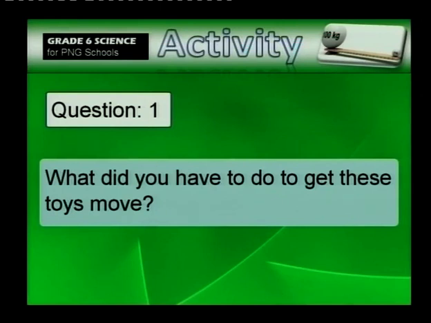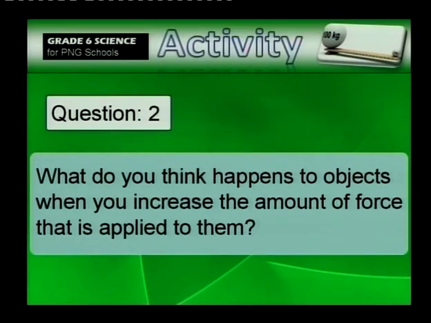Question number two: what do you think happens to objects when you increase the amount of force that is applied to them?